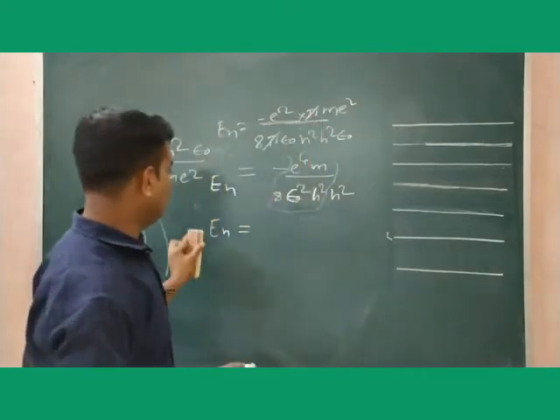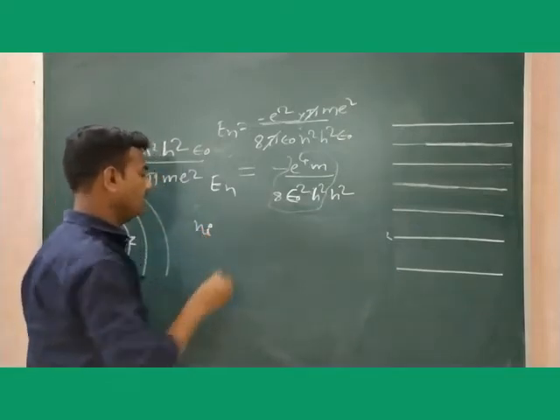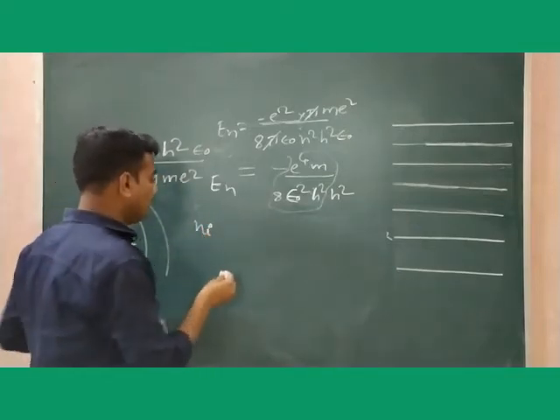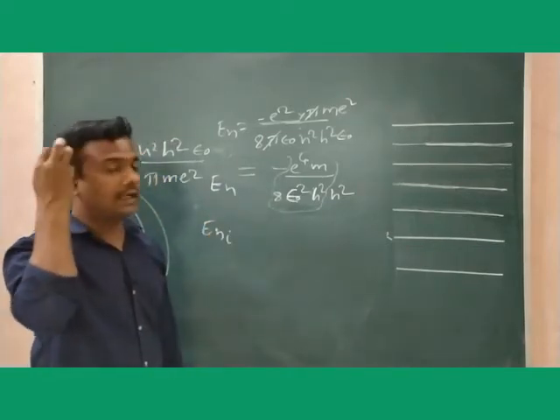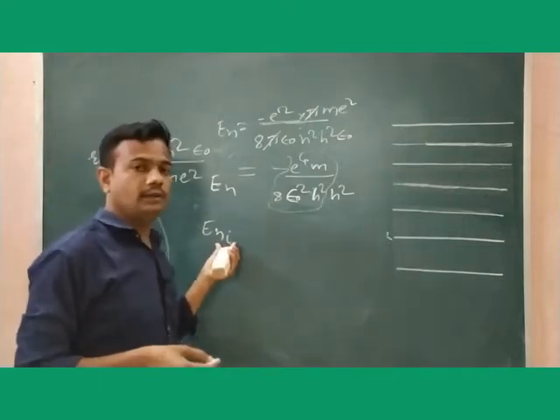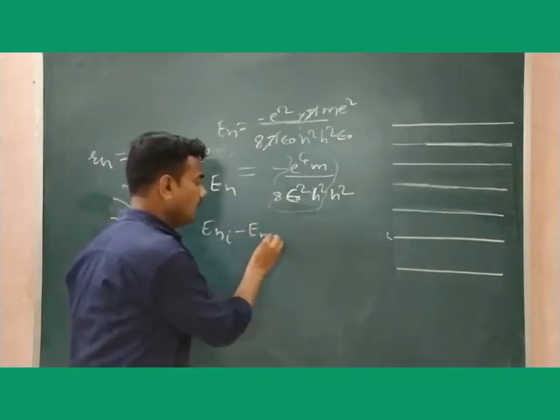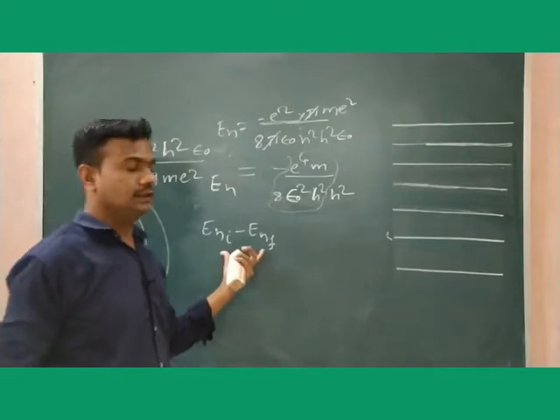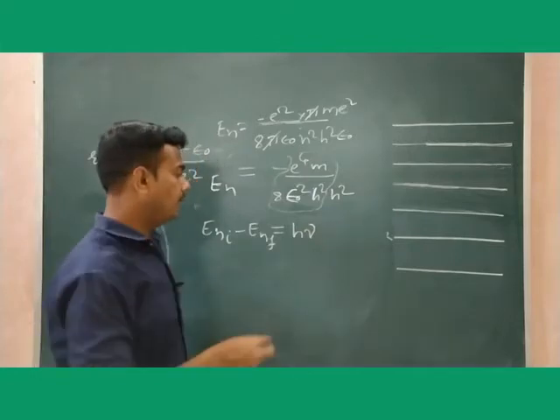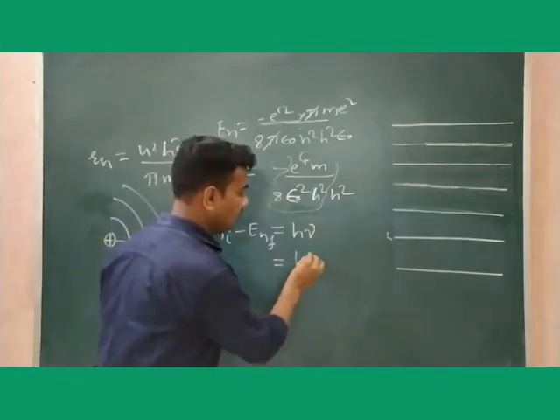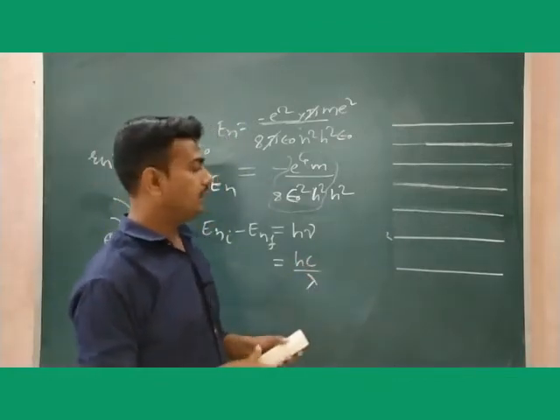Suppose ni is the initial orbit, and nf is the final orbit. Due to this transition, energy is emitted, given by E equal to h nu. What is nu? Nu is equal to c by lambda, where c is the velocity of light and lambda is the wavelength emitted due to this transition.